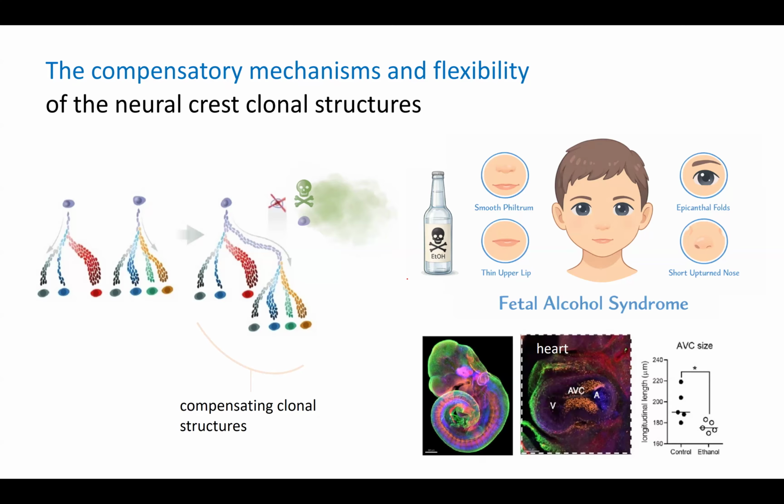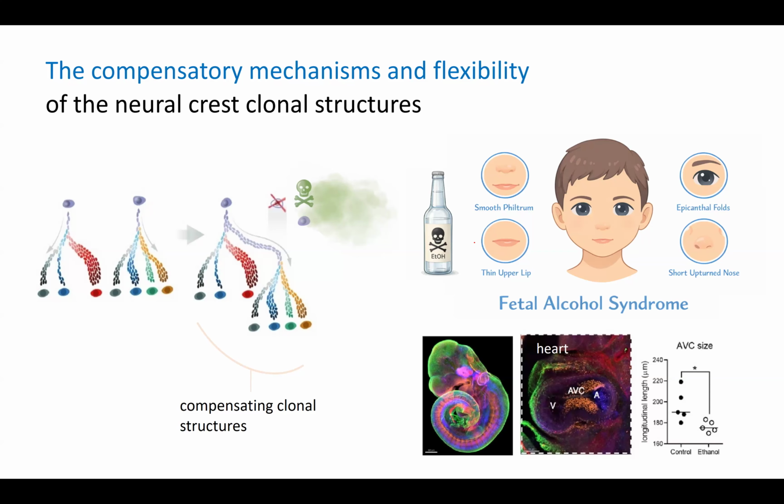And for instance, here I will give one example. It is very well known that if mothers drink a lot of alcohol during the first couple of weeks of pregnancy, there is a high chance for congenital defects, specifically those that result from the neural crest lineage, because neural crest cells poorly tolerate alcohol.